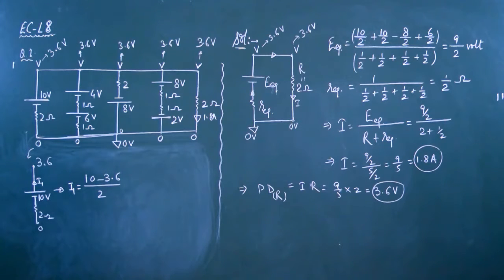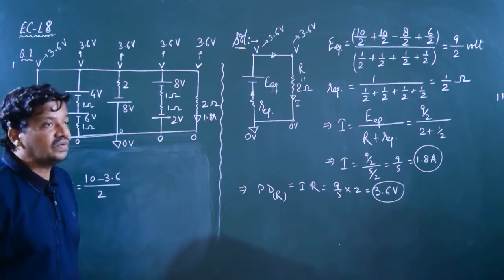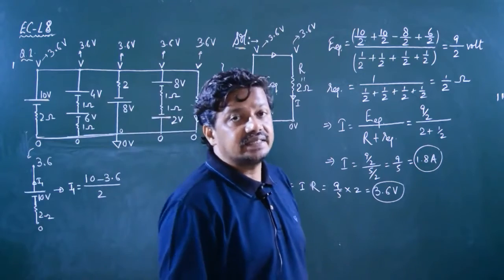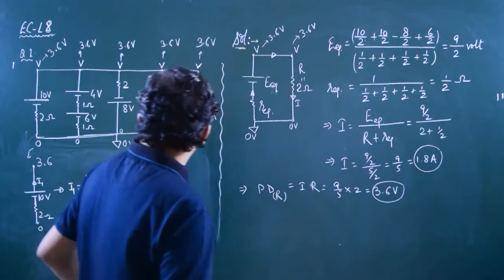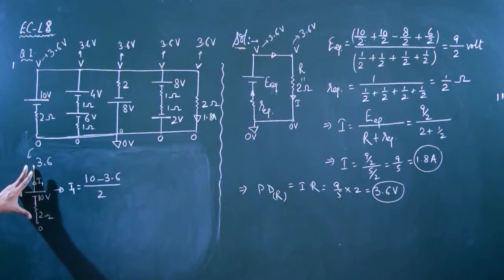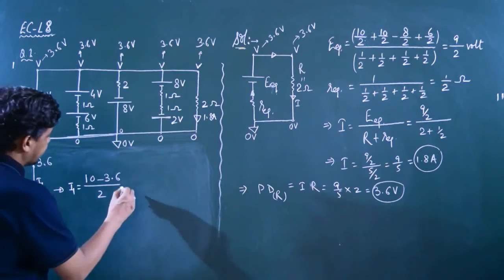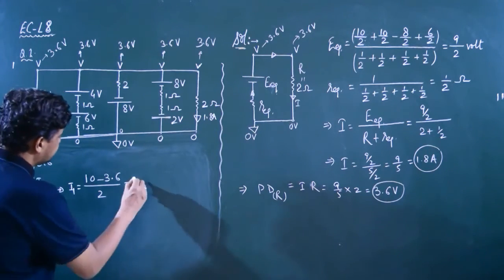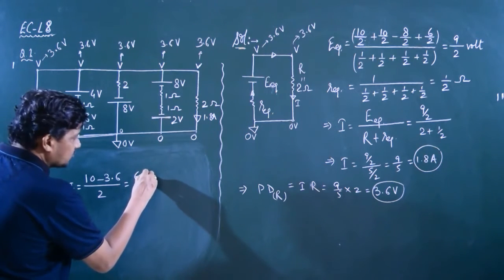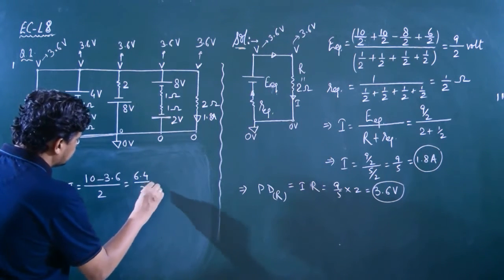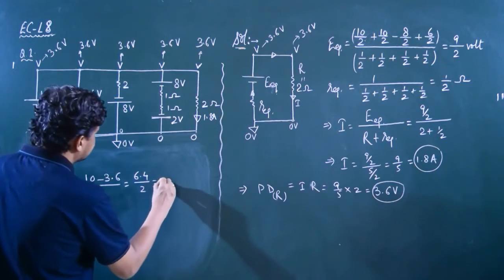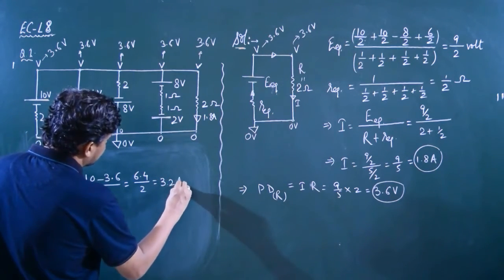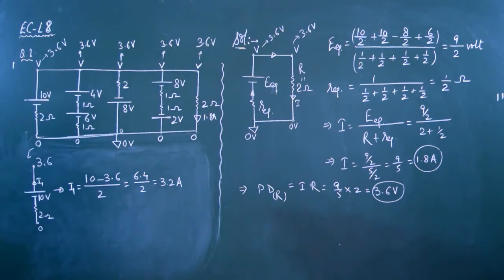In case of discharging process, the value of current is E minus V by R, that is E minus V, the potential difference across the cell, divided by R. So what do you get? 6.4 by 2, that is 3.2 ampere. Similarly, you can get current across each arm of the given circuit.